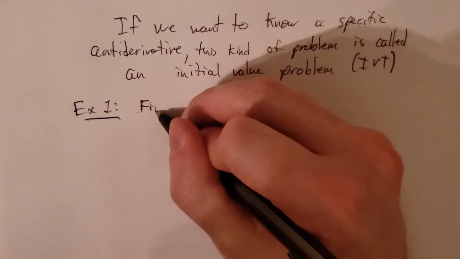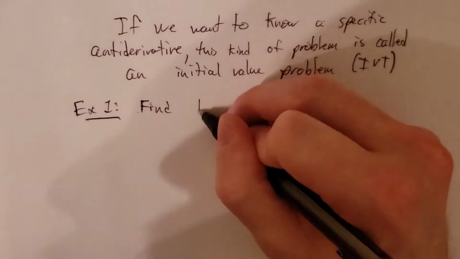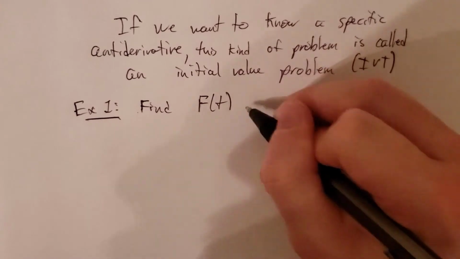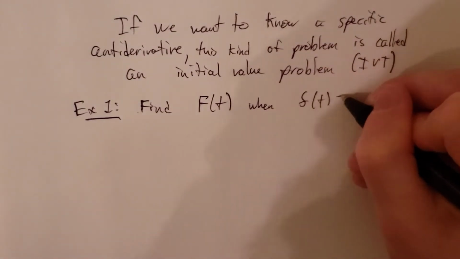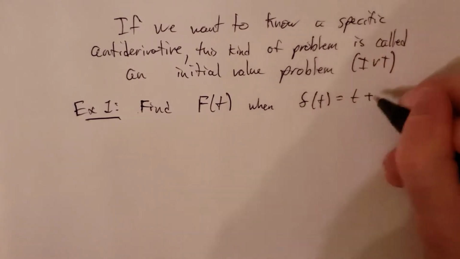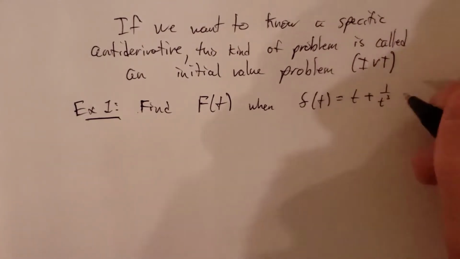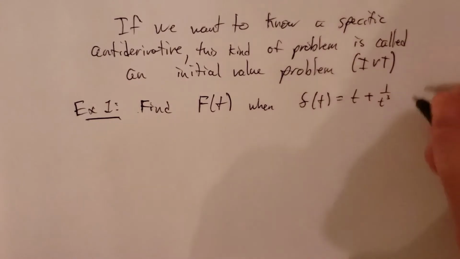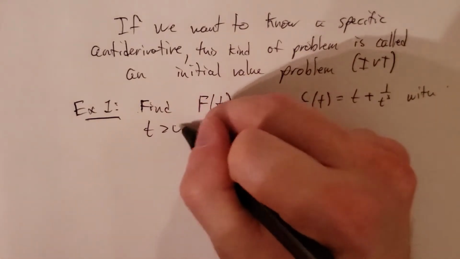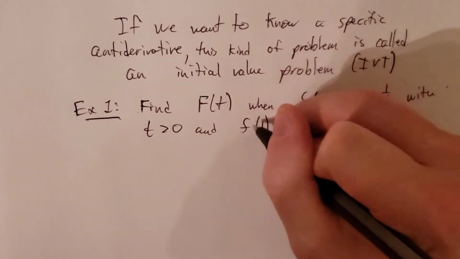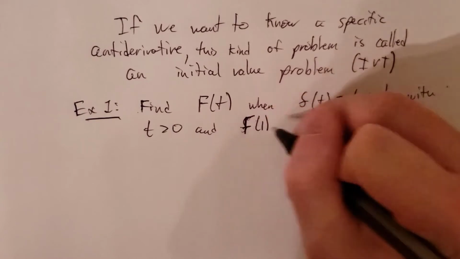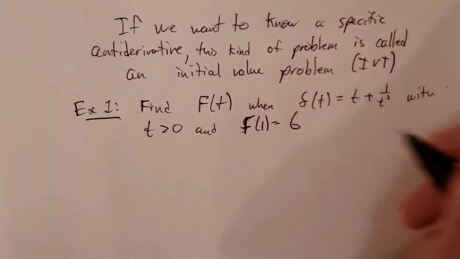Let's suppose we want to find F of t when lowercase f of t is t plus 1 over t cubed, with t greater than 0 and capital F of 1 is equal to 6.